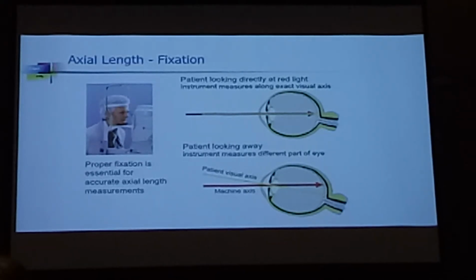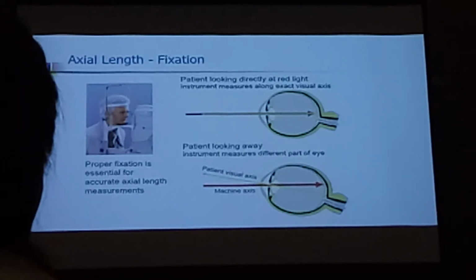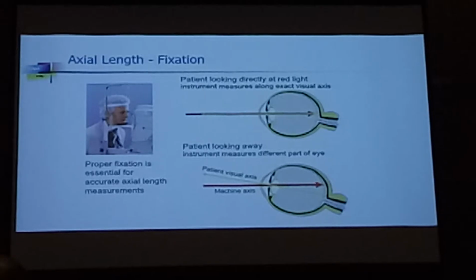Sometimes, because you're measuring the eye, the patient cannot fixate. So it's very important to ask the patient to use the fellow eye and fixate, and that the operator does not obscure the vision of the fellow eye. If it's the right eye, you have to do it from the right side. If it's the left eye, you have to do the ultrasound from the left side.